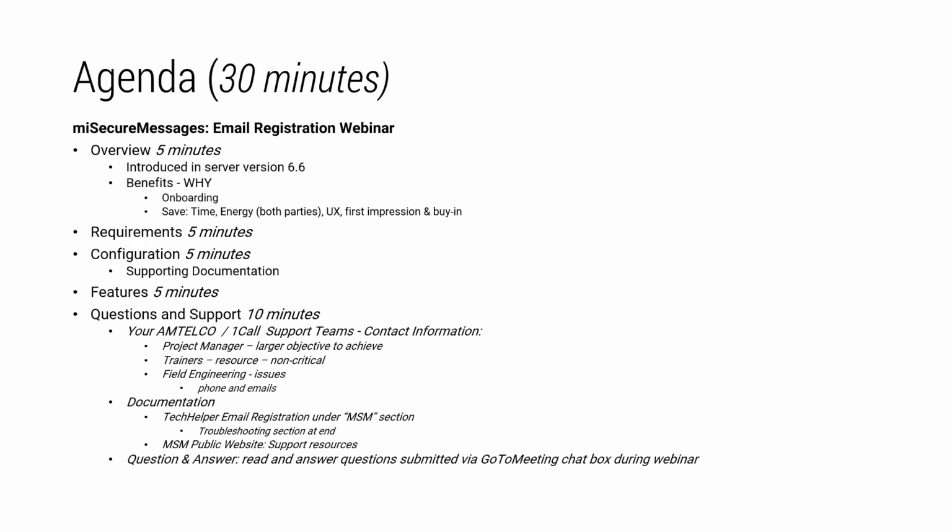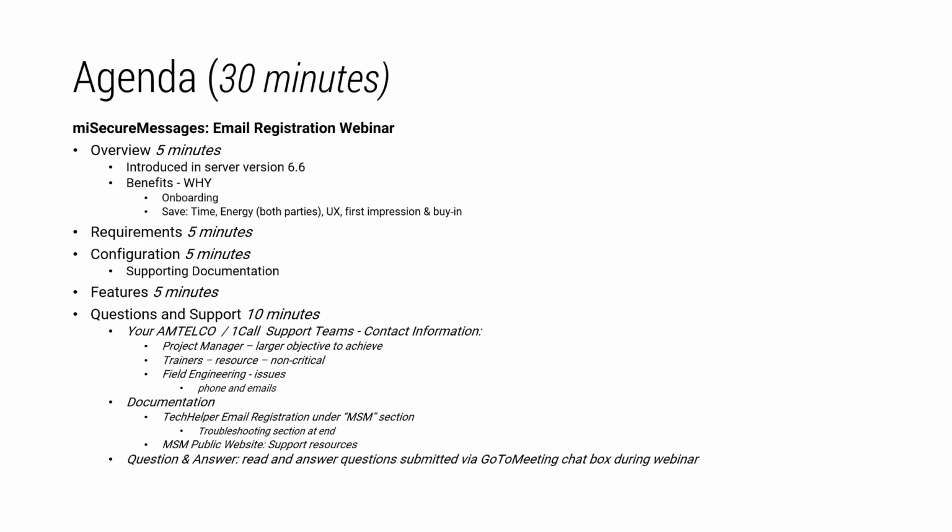Why did we introduce it? To save time with onboarding your app users, for both you as well as your end users, whether those are clients or employees, staff, etc. The process that we have by default is entering in an account ID and then either creating or matching a username and password, and potentially a passcode as well.